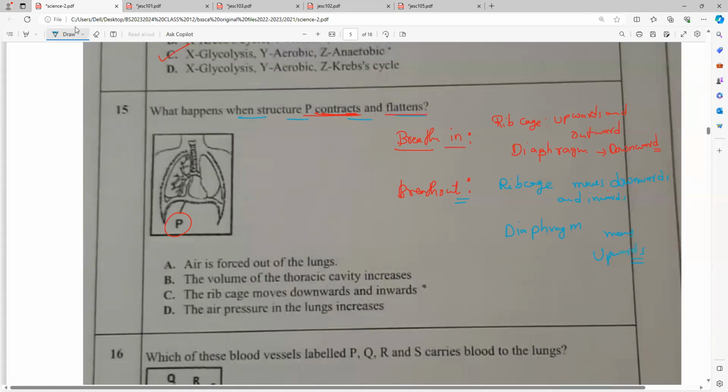So will the air be forced out from the lungs or will the air go into the lungs? The volume of the thoracic cavity decreases. The rib cage moves downwards and inwards. The air pressure in the lungs increases. The air is forced out of the lungs. So what is the answer? Contracts means it is moving upwards. So moving upwards means what will happen by that time?